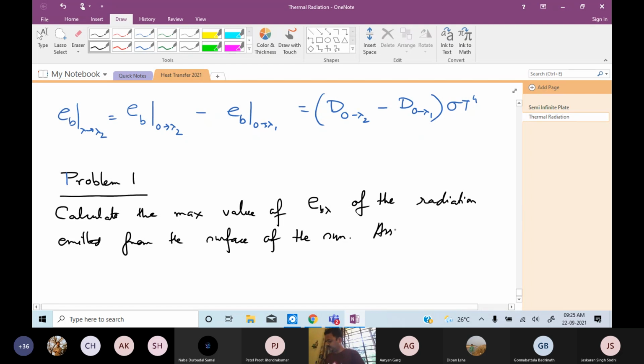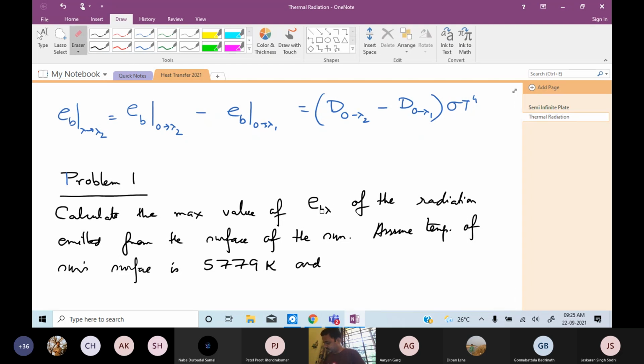Okay, assume the temperature of the sun's surface is 5779 Kelvin.